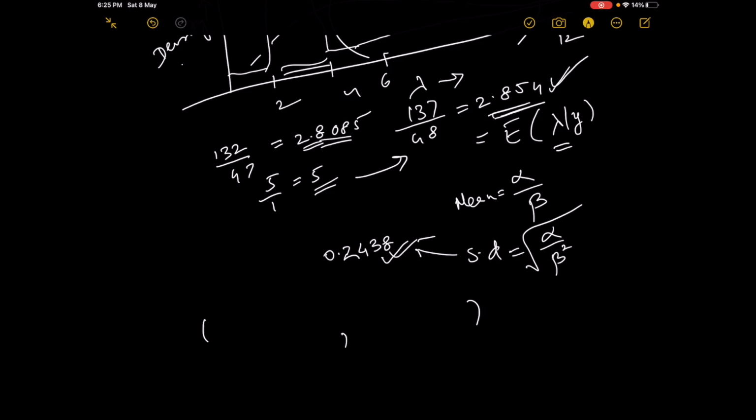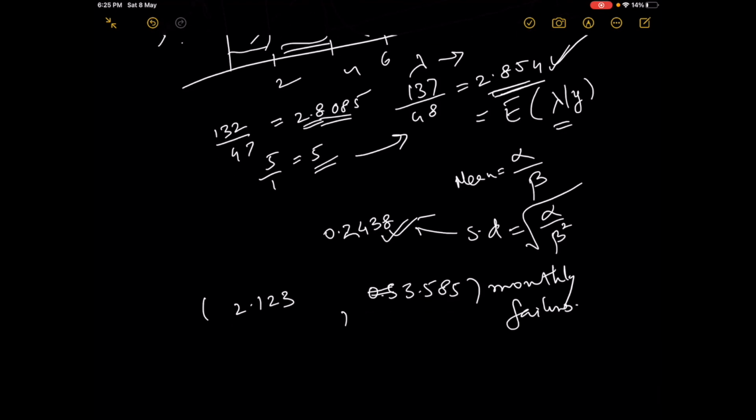Plus minus 3 sigma, we get the 95% credible interval in terms of monthly failures. So this is the discrete time discussion on failure time data.